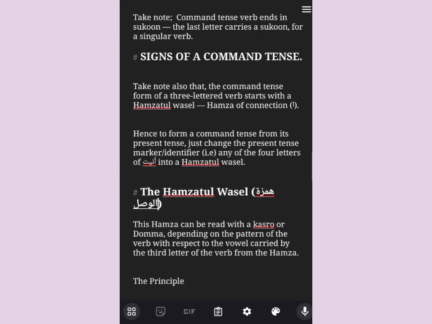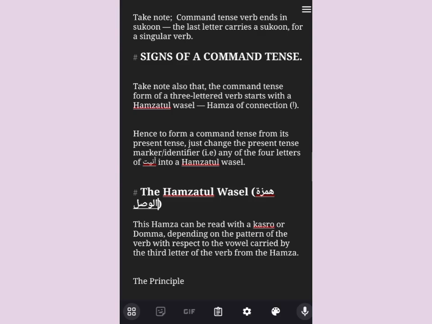Now, hamzatul wasl can be read with a kasra or with a dhamma. So we say iqra. And sometimes for another verb, we say uktub. For the verb 'write', taktub, 'he writes', and we can say uktub.